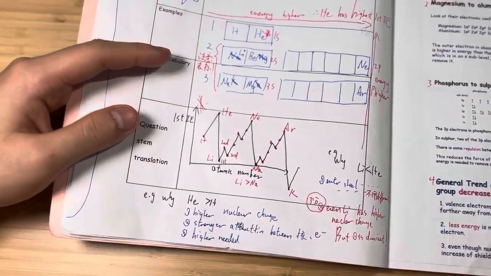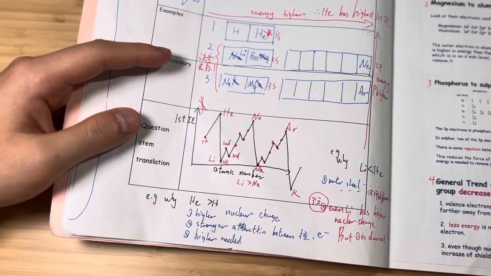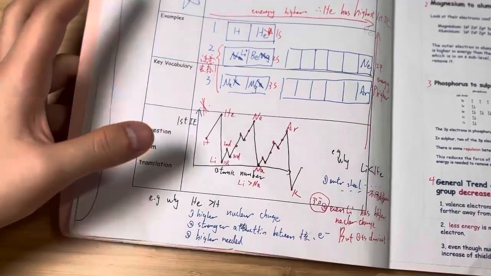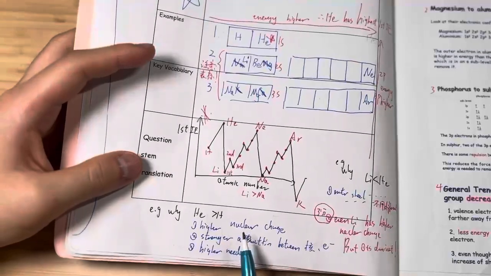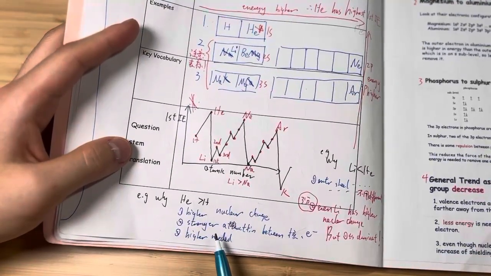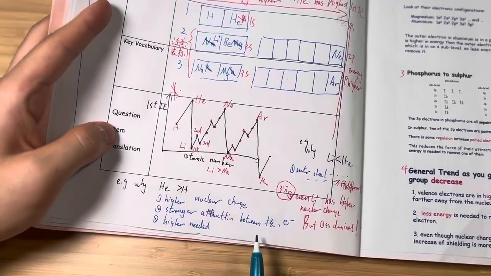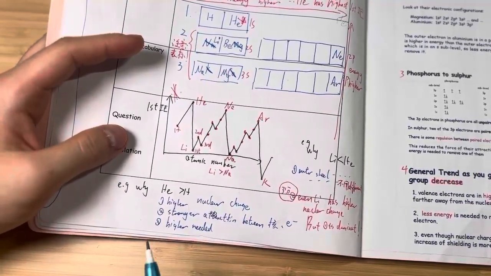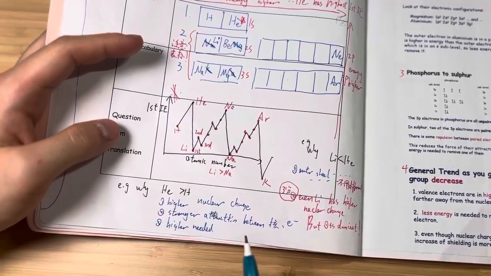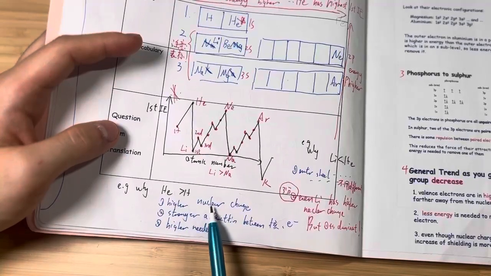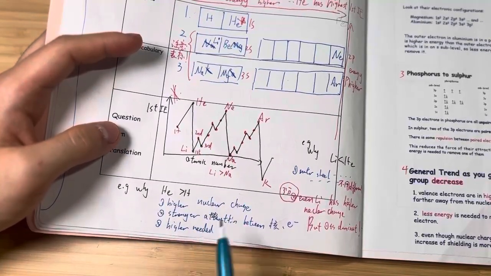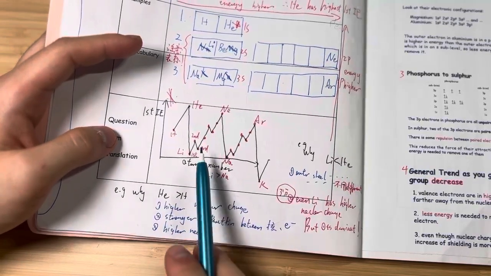Because helium has just one quantum shell, so first it has a lower shell. It only has one shell, so there is stronger attraction to the nucleus. And second, in the first shell it has a higher nuclear charge than hydrogen, so it has a higher energy level than hydrogen. So that's why it's the highest.